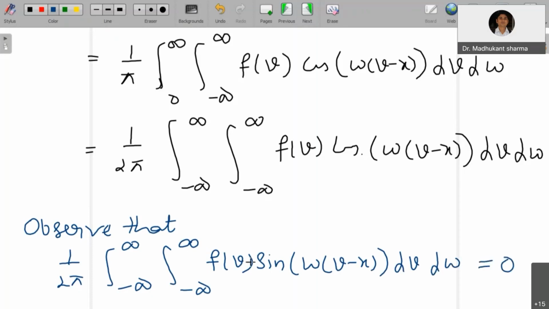Why? Because this sine function is an odd function with respect to w, so it should turn out to be 0.